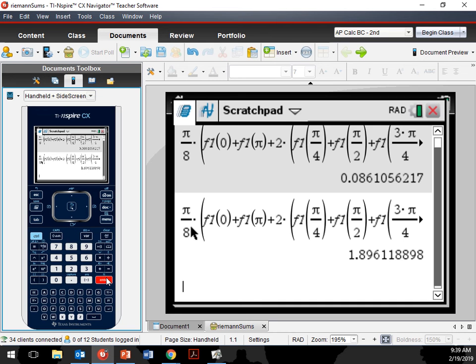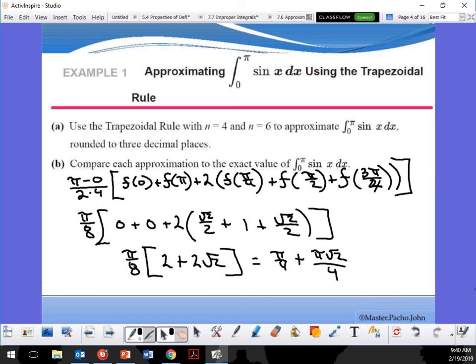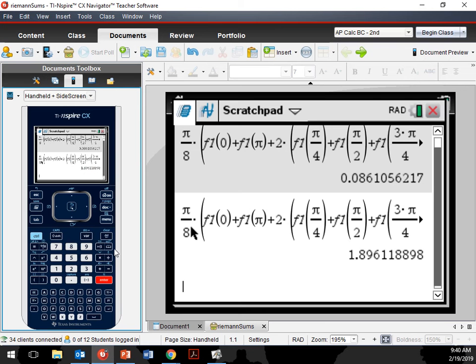3 decimals should be 1.896. So 1.896. Let's see if my by hand math came out to be the same.